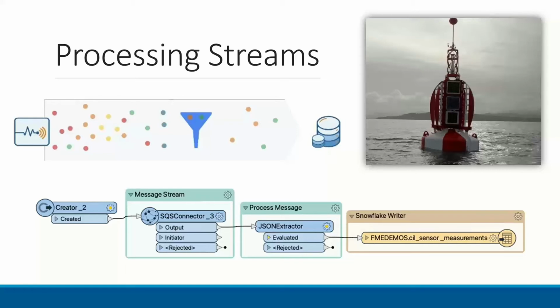It'd send its data up into one of those message queues, and then FME listens for it. In this case, we're using Amazon's SQS. So it listens and pulls a message down every time that buoy sends a sensor update back into the system. As it sends that update, we can pull it down, process it, and then log that within our database. So it's very, very easy to build up these workflows now using these platforms.